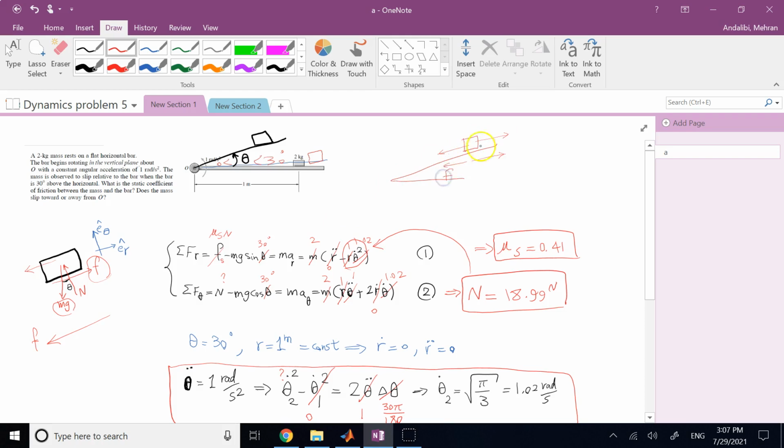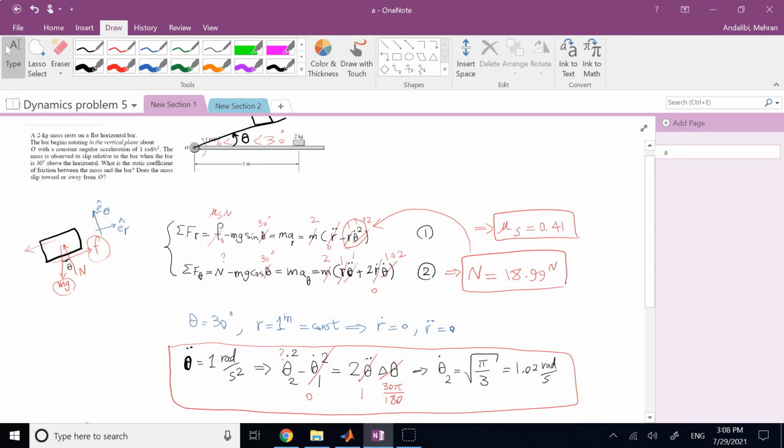But especially in the beginning of the motion, and by the time that the omega is not really super large, the sliding is always going to be inward, so the friction has to be outward like this. So that assumption we made in the beginning of the problem is absolutely right. And you see clearly we could solve the problem. We could predict the direction of motion after 30 degrees, and I guess we can explain everything.